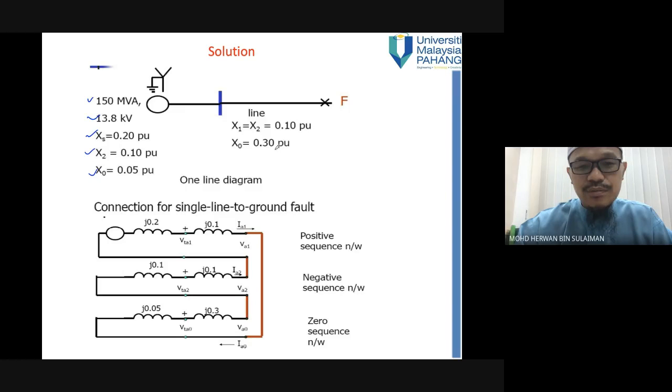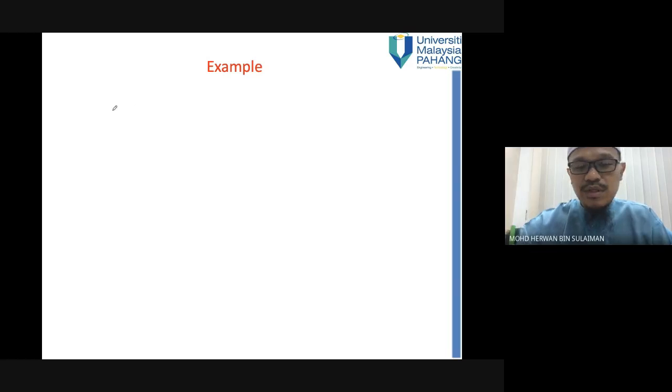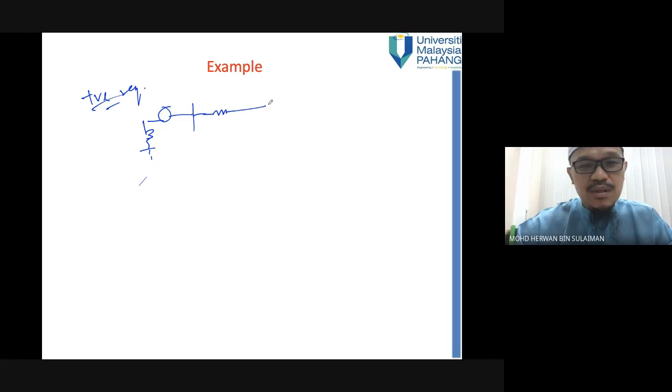So what do you need to do now? We need to transform into the positive sequence network, zero sequence network and negative sequence network. Since there is no transformer and the generator is simple, not a grounded generator, you can sketch the positive sequence network. We have a generator, and then this is the impedance, and then we have the bus, and then the transmission line is open, but this one is short to ground.